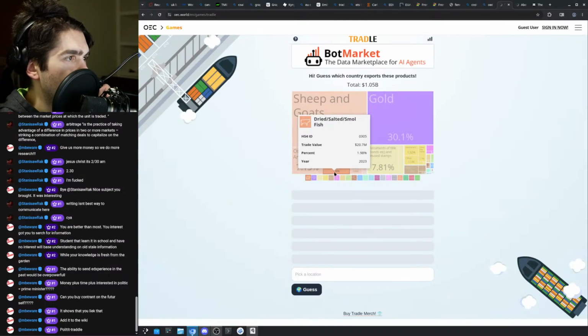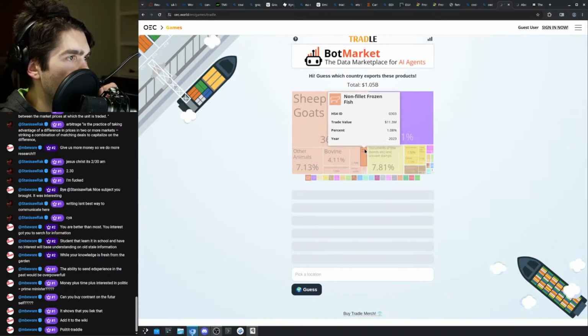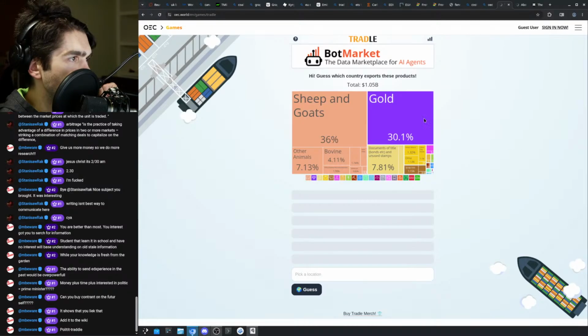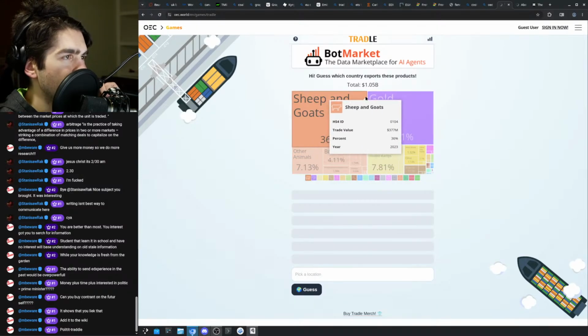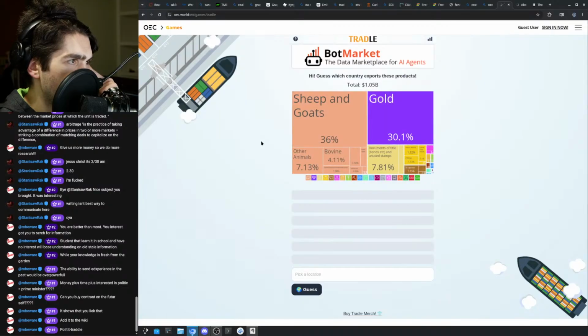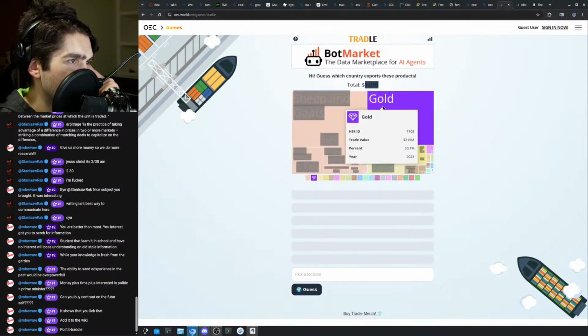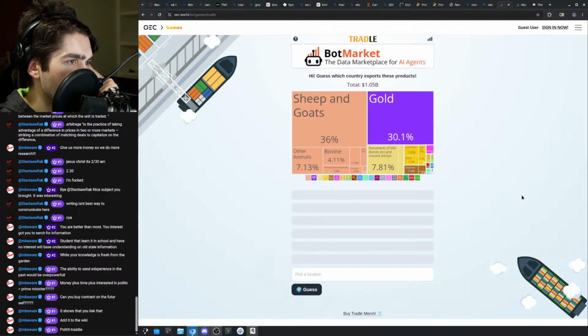Okay, so we're for sure linked to the ocean. Sheep and goat makes me think that there is some amount of territory, or maybe not. This is so low, and this amount of gold makes me think that we're in Africa.